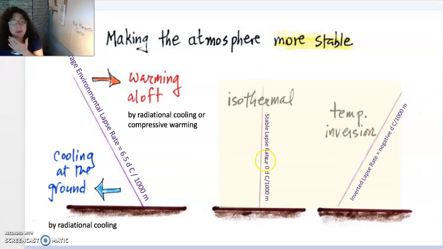This would be associated with a big cloud bank generally, and this could be associated with fog or smog. So overnight, the atmosphere can make itself more stable by cooling at the ground and emitting up to the air and warming the air aloft.